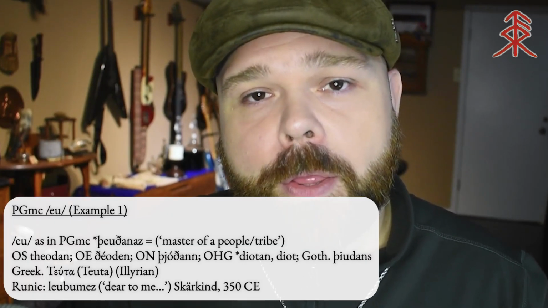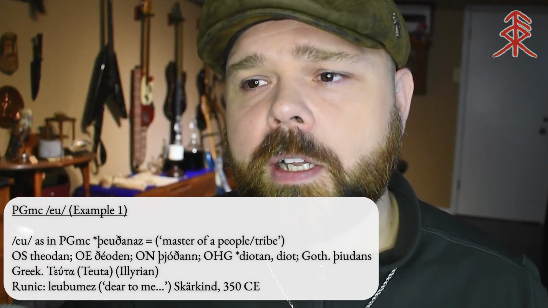Finally, our third and final diphthong in Proto-Germanic is going to be EU. When I hear people pronounce this vowel, even in the older languages, it's something like AU or something like that, and it's not really quite that, because if you say AU, it sounds like two different vowels. It's more like AU, right? So anyway, the word that I'm going to provide to you here is Theuthanos.